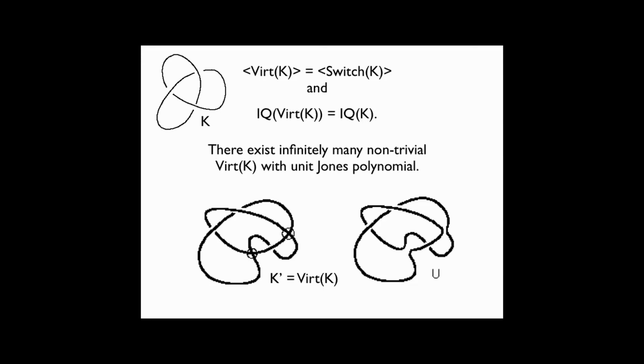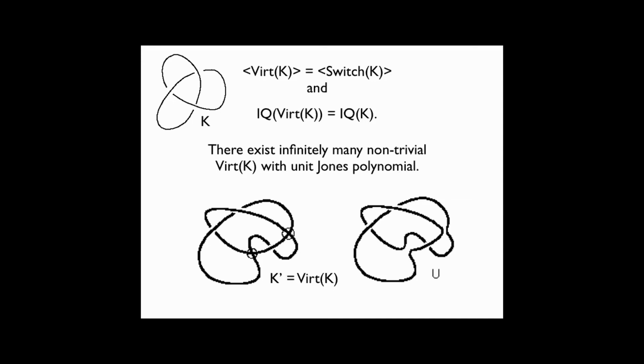The normalized bracket polynomial will be equal to 1. The Jones polynomial of K prime is equal to 1. So that's what I said before, that this knot has Jones polynomial equal to 1. But hopefully by the end of this talk, if we have enough time, we will see that this is indeed a non-trivial virtual knot, and not classical either.